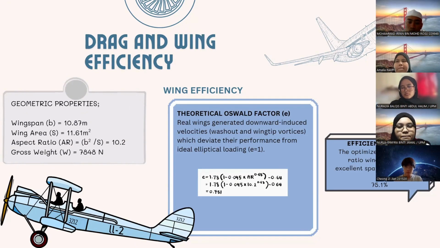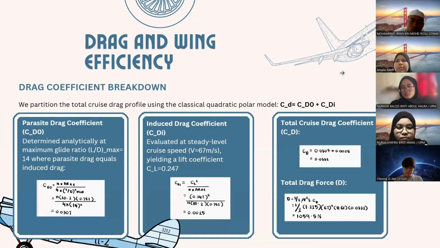Next, we model our total cruise drag coefficient using the classical drag polar equation, combining parasitic drag and induced drag. First, we evaluate the aircraft at its maximum lift to drag ratio of 14, where parasite and induced drag are equal, so we isolate a baseline parasite drag coefficient of 0.0207.